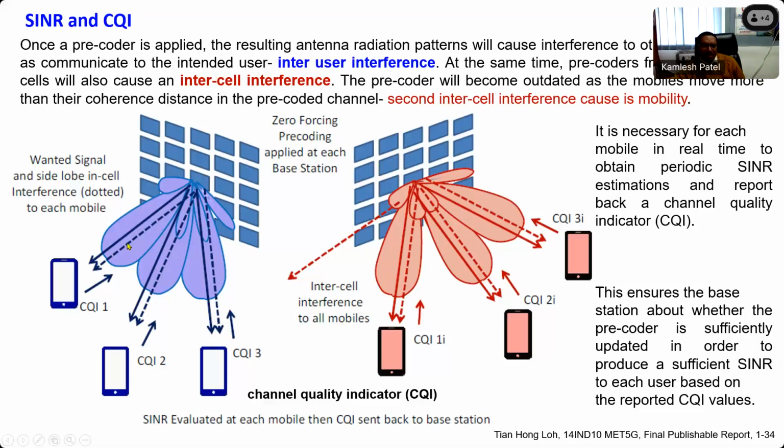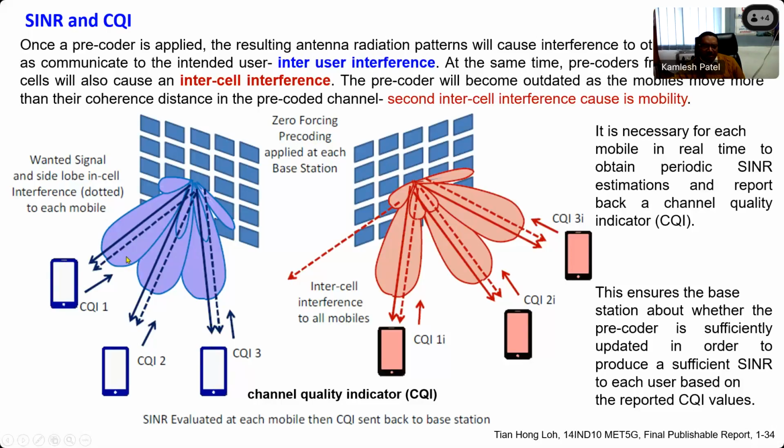So the dotted signal represents interference to the first mobile system. This is known as inter-user interference. It is also possible that another cell tower sends signals to the mobiles allocated to a different base station, which is known as inter-cell interference.